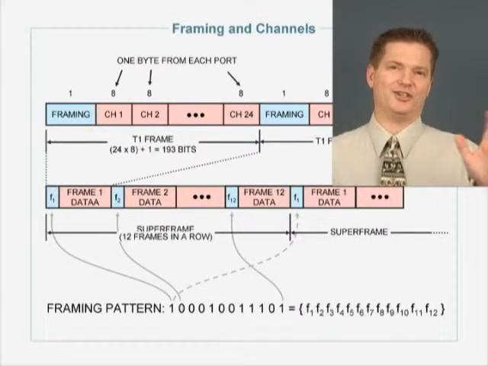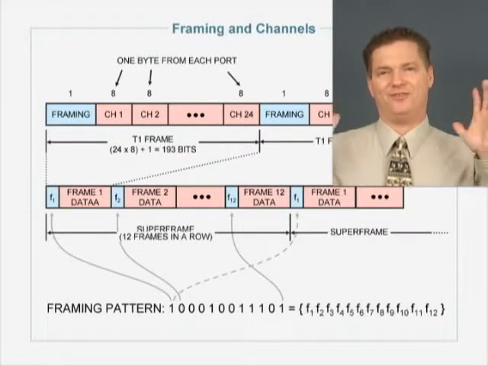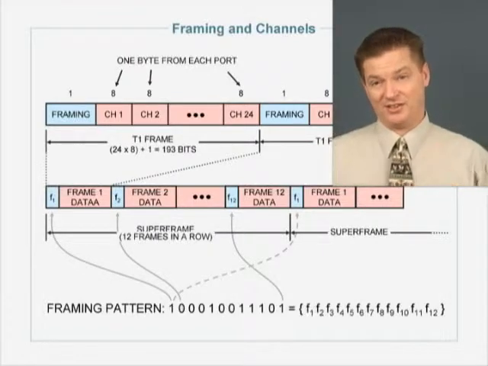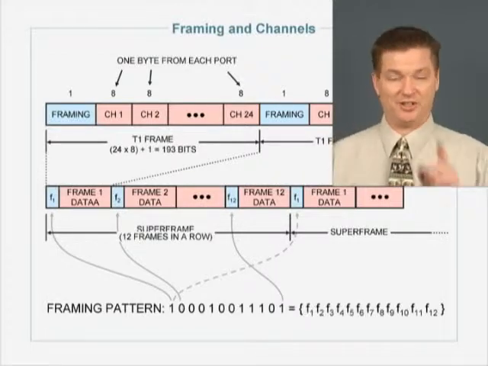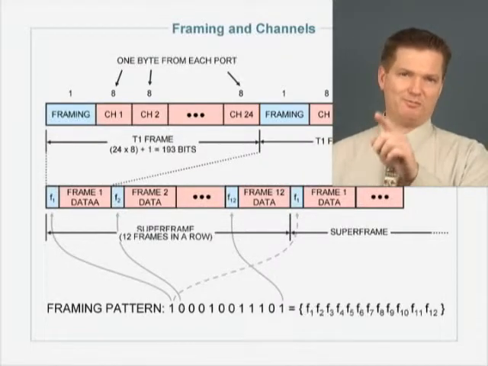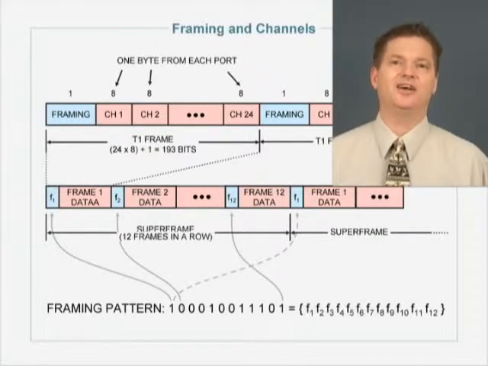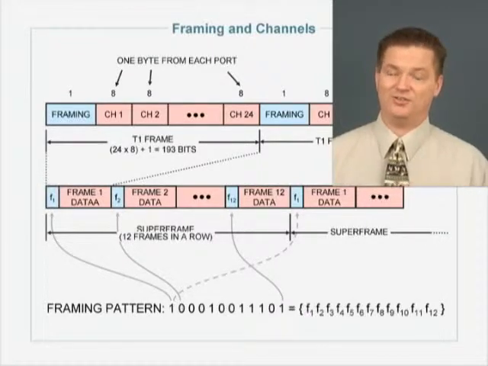And that collection, a byte from each port and a framing bit, is called a frame in the transmission business. And we send one of these down the T1 circuit 8,000 times per second. Because remember, we have to send each byte within that frame 8,000 times per second. Because 8 8s are 64, we need to do 64,000 bits per second for each of those ports.